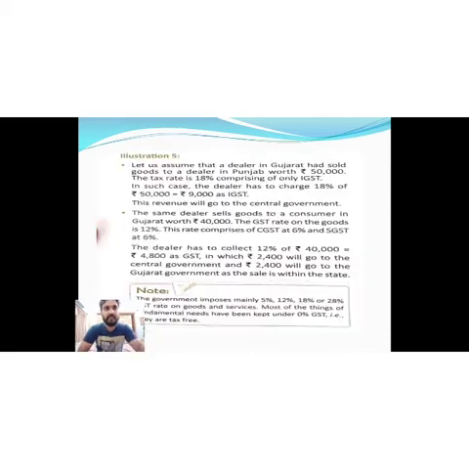Now see here, in illustration 5, let us assume that a dealer in Gujarat sold goods worth rupees 50,000 to a dealer in Punjab. The tax rate is 18%, comprising only IGST. Since this is state to state, there is only a single IGST.